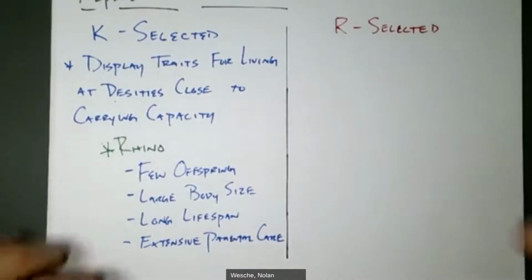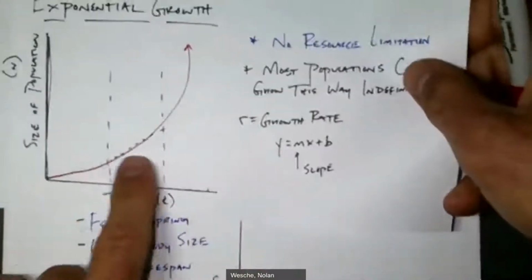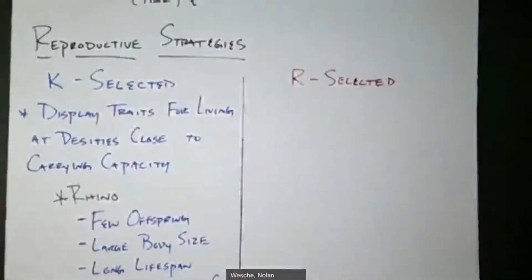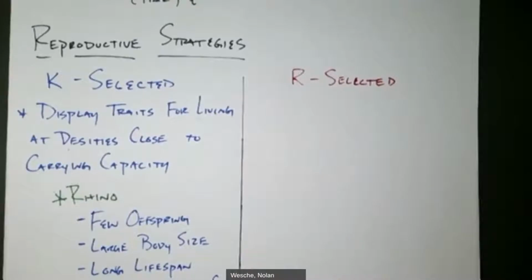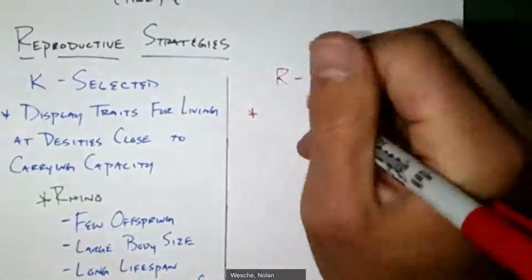On the other side, we're going to be looking at R-selected, and this R represents growth rate. So they're going to maximize growth. So the strategy is going to be to maximize growth when conditions are appropriate.